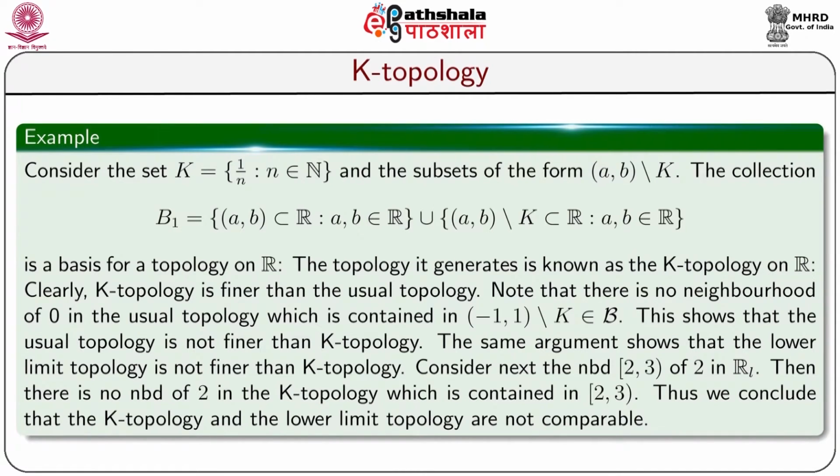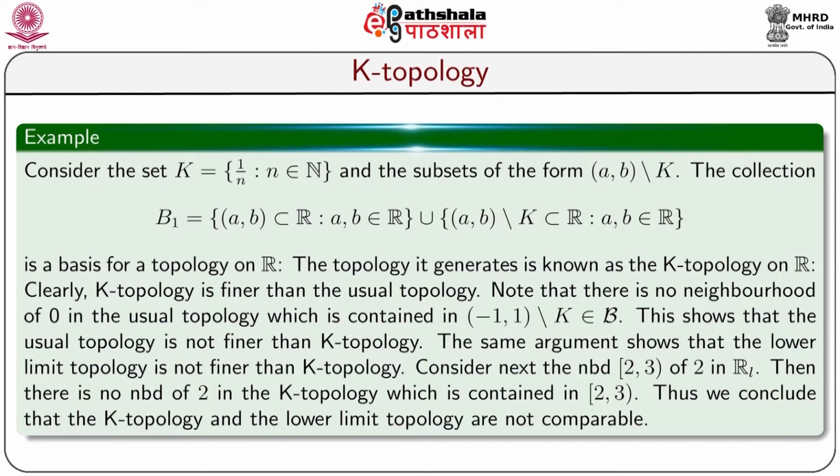Now, we consider the collection of all open intervals together with all sets of the form (a,b) minus K. Then it can be examined that this is a basis for some topology on R. The topology it generates is known as the K topology on R.